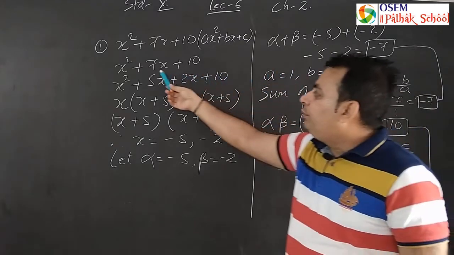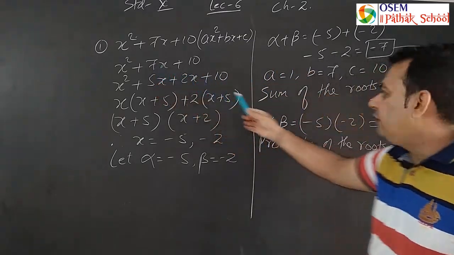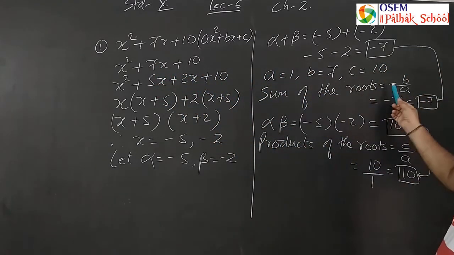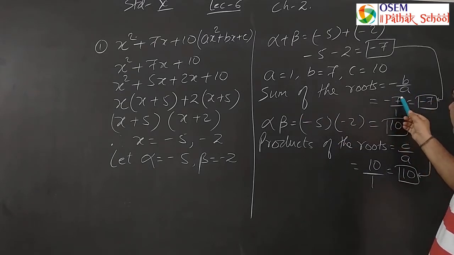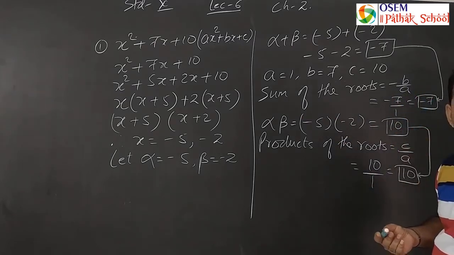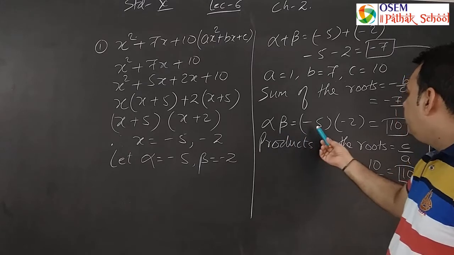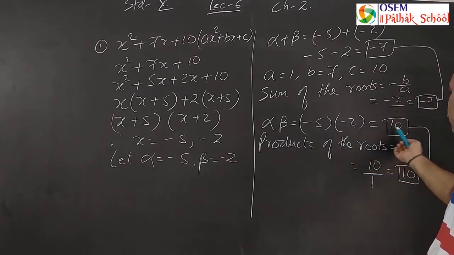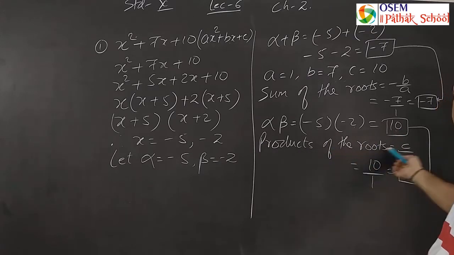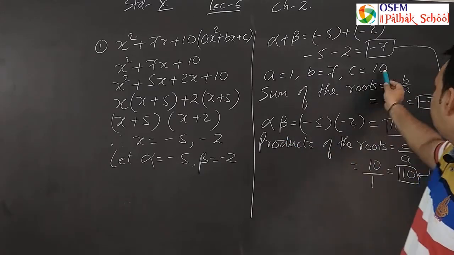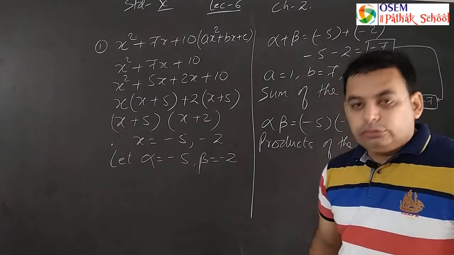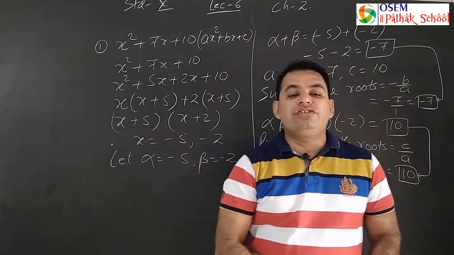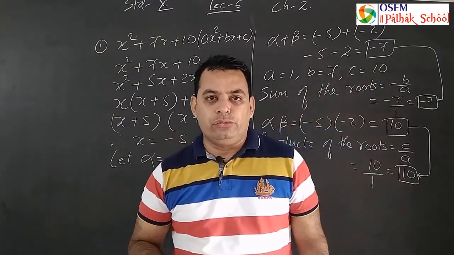The sum of the roots is minus b by a, so minus 7 upon 1, minus 7. And the product of the roots, alpha into beta, minus 5 into minus 2, will be 10. The product of the roots is c by a. The value of c is 10 upon 1, 10. So this was a way of getting the relationship between the coefficients and the x square.